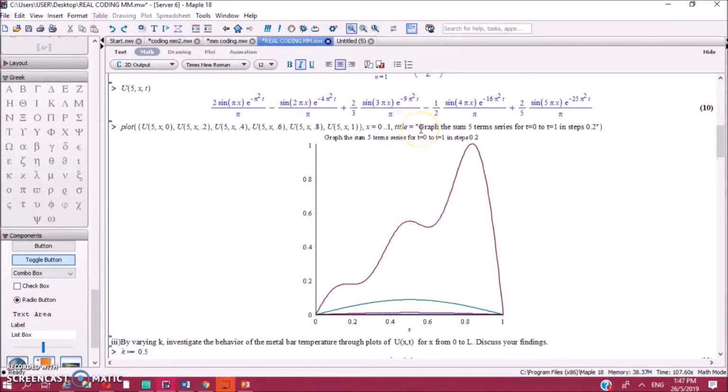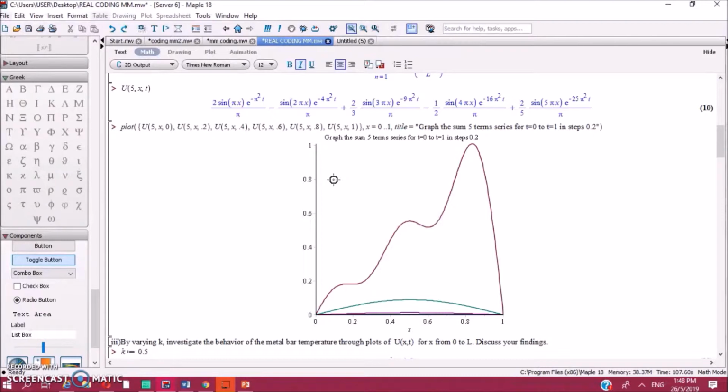Okay, this is for the title. For the graph, we can put the title: graph the sum of 5 term series for t equal to 0 to t equal to 1 in steps of 0.2. Okay, and then we got the graph here. If you want to plot the 3D graph, you can just add 3D here, and we can get the 3D graph. Okay, I forgot to do that, but if you want to, you can do the 3D graph. Okay, I just do the 2D graph.